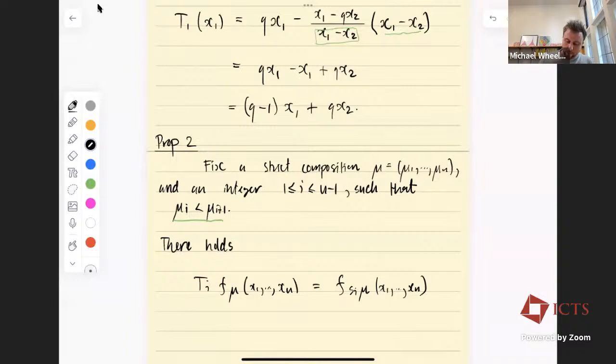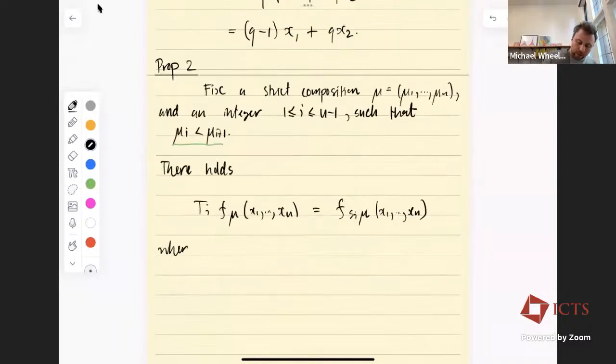Okay, so this is where si mu is basically the original composition, but now I have mu i plus 1, mu i. So the ordering of those two parts is exchanged.